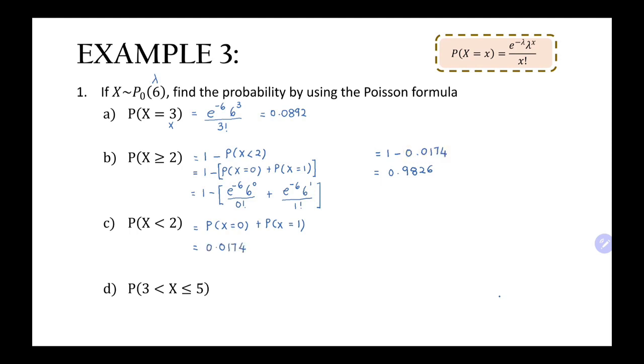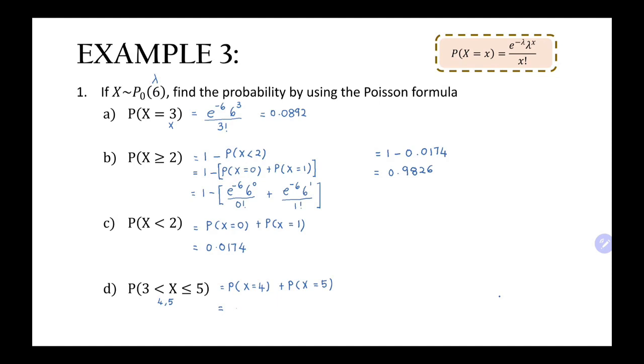And next question D, we want to find between 3 until 5. 3 until 5 means we want to find the value for 4 and 5 only. Since 3 doesn't have an equal sign, so we start from 4 until 5. So we state P(X = 4), then we plus P(X = 5). Then we substitute the formula. Remember, formula ini kita guna hanya untuk equal sign sahaja.